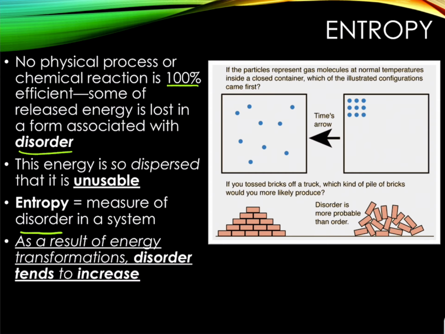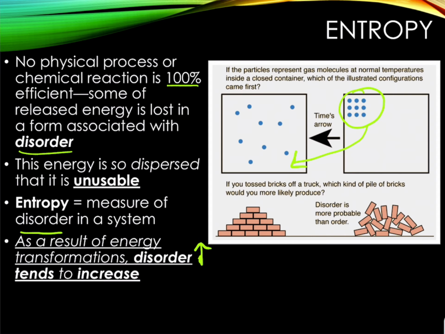If you look at this here, if the particles represent gas molecules at normal temperatures inside a closed container, which of the illustrated configurations came first, right? Obviously, this one had to go first, and then over time, those molecules dispersed inside of that closed container. So over time, you can see disorder was increasing.